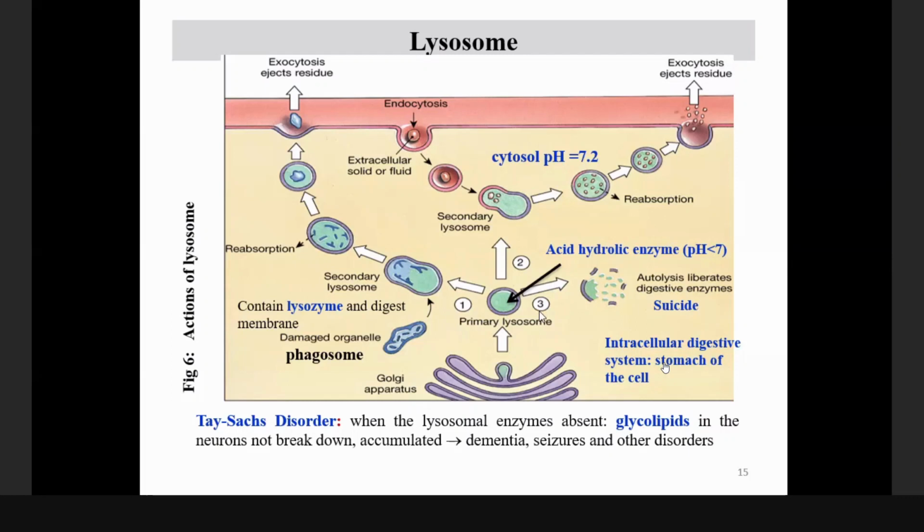But sometimes if the lysosome is damaged, that acid is released into the cytoplasm and kills the cell, and that's called suicide, a self-killing process, and that's called autolysis. Sometimes the lysosomes release their acid with no purpose, and that acid is going to damage our cell, and that's called autolysis. There are different diseases that result from autolysis.